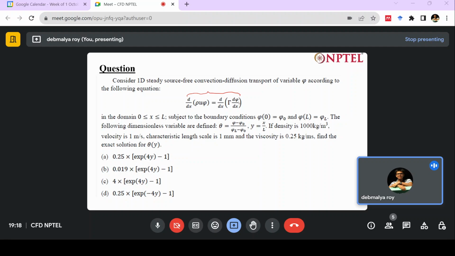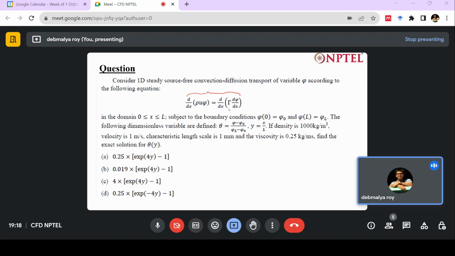This is basically a very simple differential exercise. I would request you to try to do this. You have to solve this equation. There is only one independent variable x, and nothing else: no time, and no y direction.